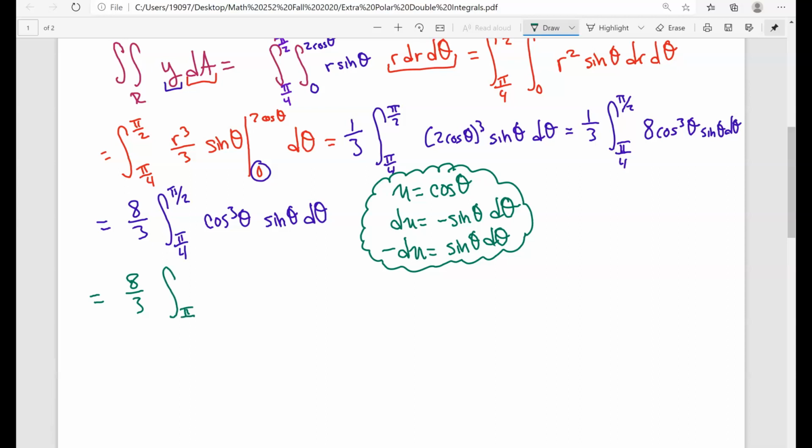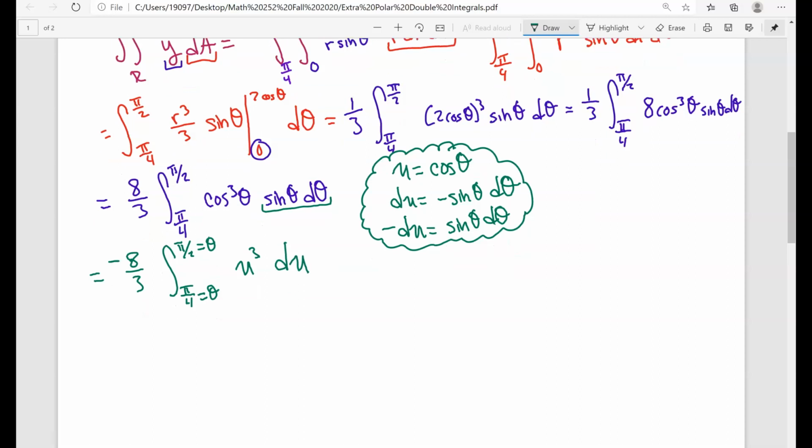Remember, these limits belong to theta, not to u. Now cosine cubed, well, cosine is u, so this is going to be u cubed. The sine theta d theta is just the negative du, so I'm going to put du right here and the negative out here.